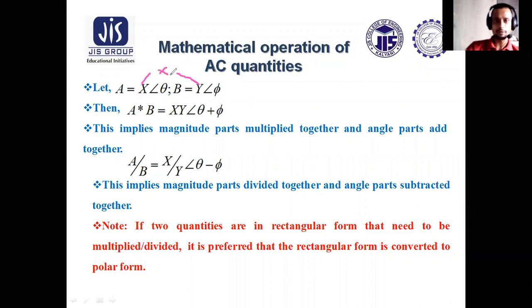These two magnitudes will be multiplied together, and the angles theta and phi will be added. For multiplication, magnitude parts are multiplied and angle parts are added. Similarly, for division, magnitude part will be divided and angle part will be subtracted.